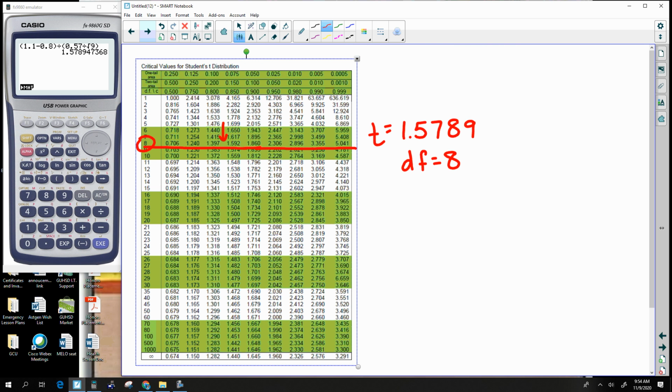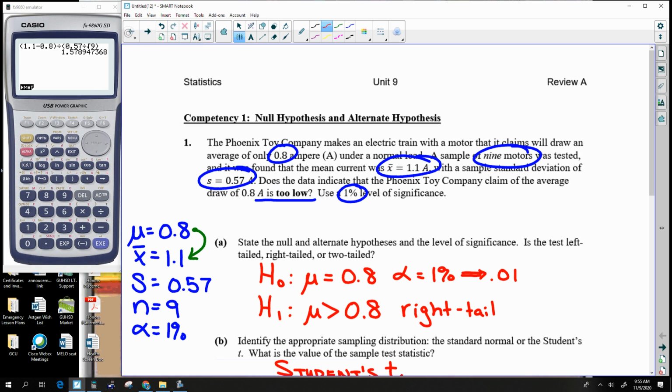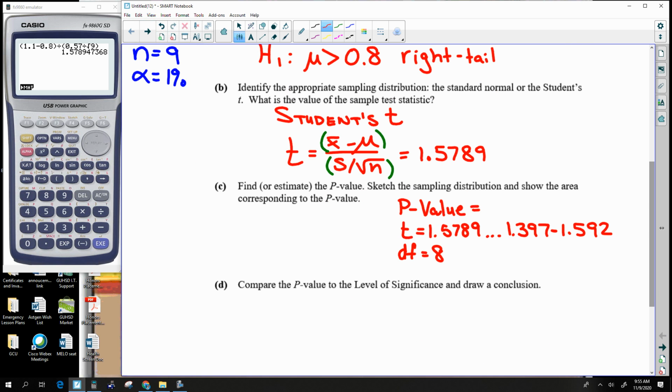Okay, but since this is a one tail, we're looking for 0.100 and 0.075. So it's somewhere in between those two.